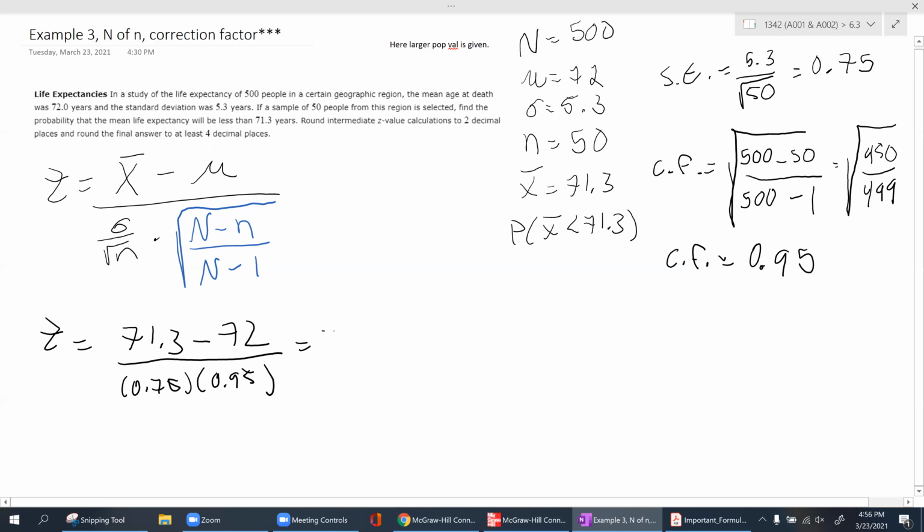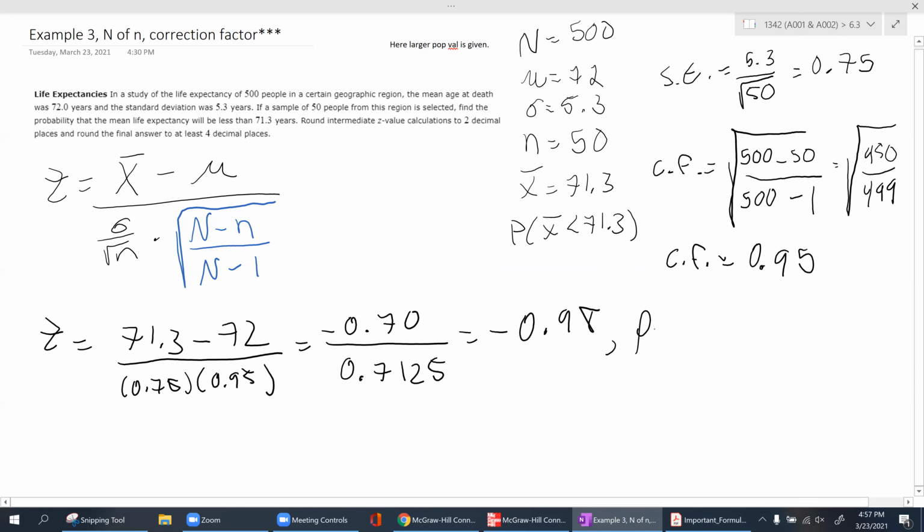This is going to be negative 0.70 divided by 0.7125. Whenever we plug this in, this has to be 2 decimal places, because that's what I'm able to find on the table. My z value is going to be negative 0.98. So I'm going to pull this up on my z table.